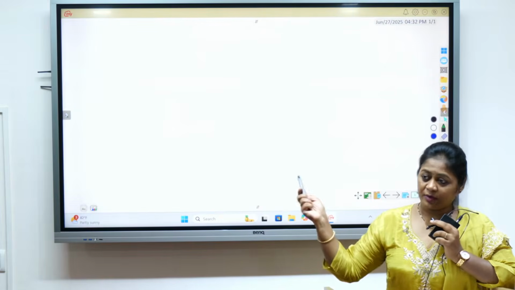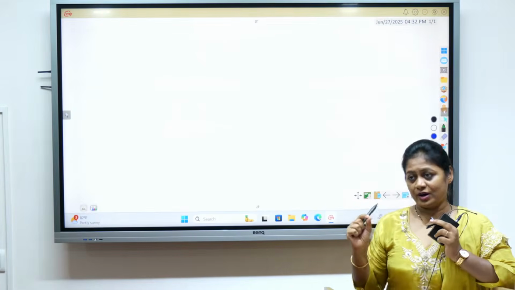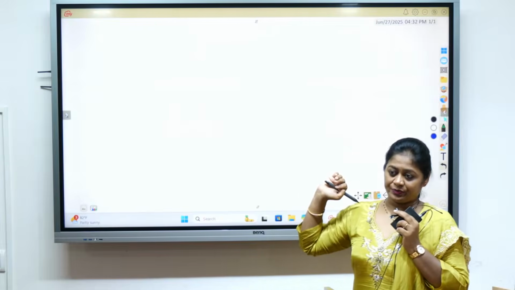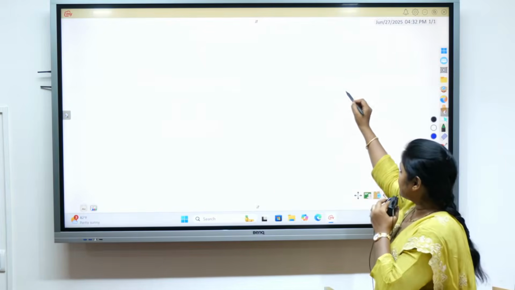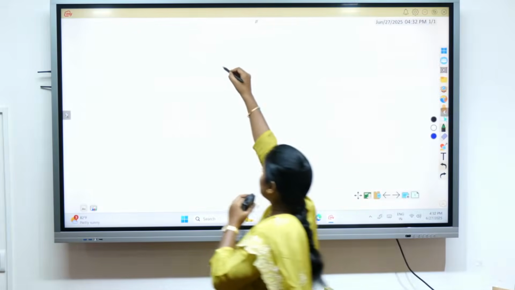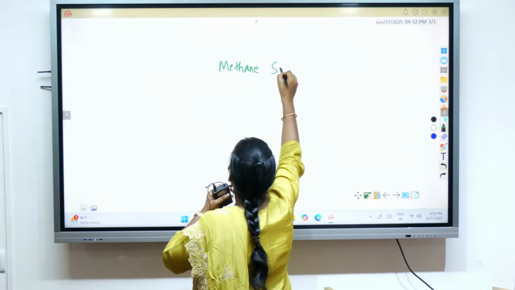Permafrost is nothing but permanently frozen soil or surface, which consists of these methane hydrates. Do you have a better understanding of this methane sink? There are two methane sinks.